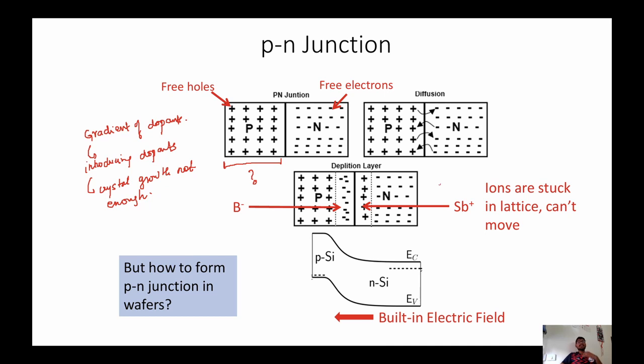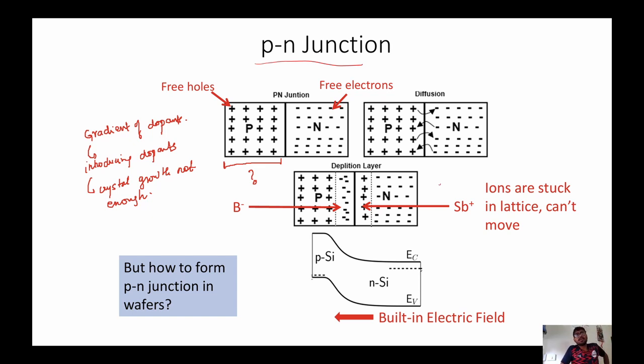So now let us come to the p-n junction. In the previous session, while making the silicon wafers, I told you that these wafers or crystals can be doped with boron or any impurity.